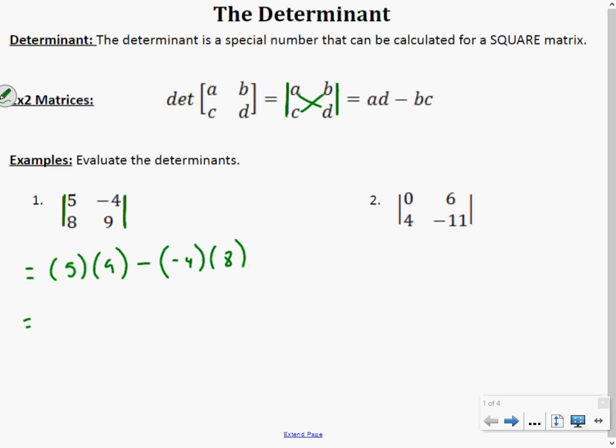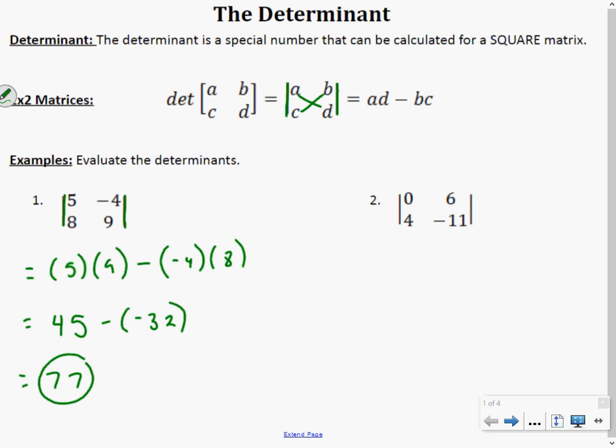So we get 45 minus, and then -4 times 8 is a -32. So we really have 45 plus 32, which is going to give us 77.